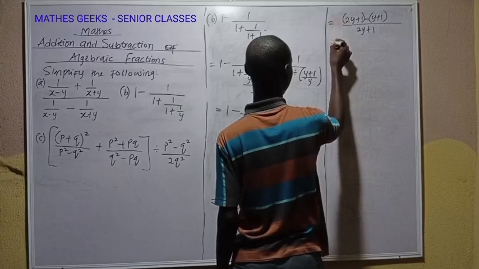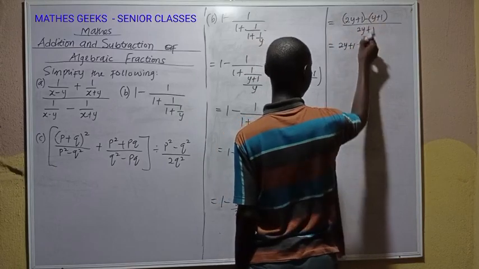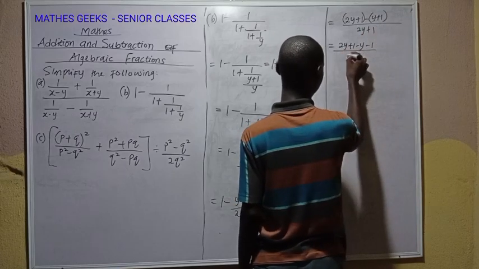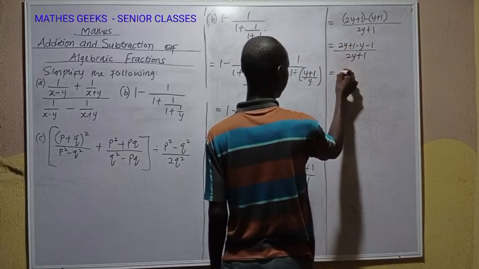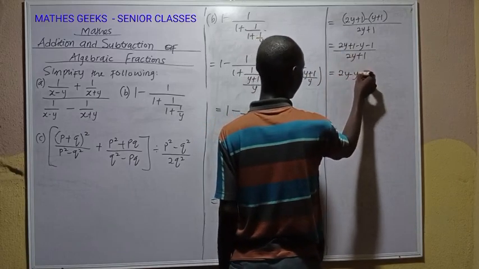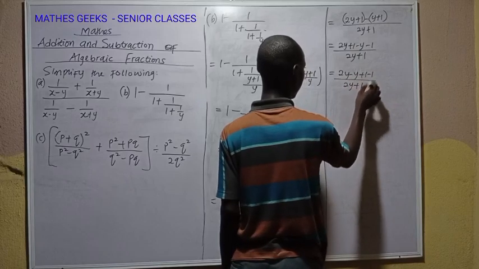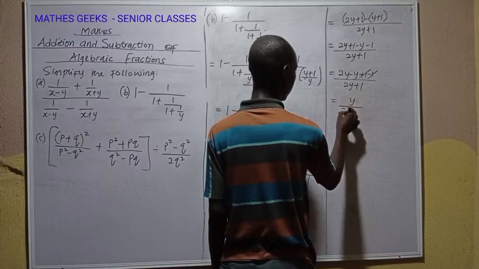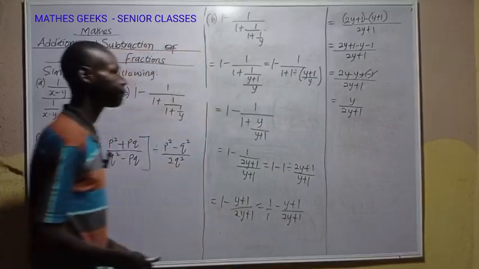Let's open our bracket. This is 2y plus 1 minus times y gives us minus y, minus times plus 1 gives minus 1, over 2y plus 1. Collect like terms: 2y minus y plus 1 minus 1 over 2y plus 1. Minus 1 plus 1 cancels out, so this is equal to y over 2y plus 1. And that's the final answer.